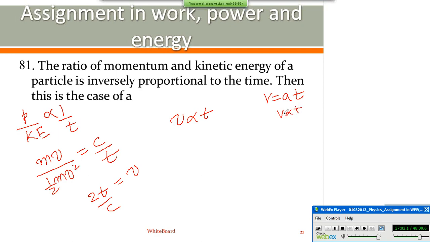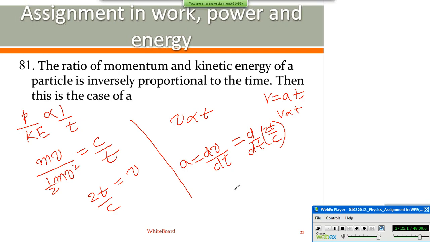So v is proportional to t only when the particle starts from rest and moves with uniform acceleration. So you can conclude that the particle starts from rest and moves with uniform acceleration. Otherwise, mathematically you can find acceleration by the instantaneous acceleration dv by dt, that is d by dt of 2t by C. Here C is the constant of proportionality. So you get acceleration of 2 by C.